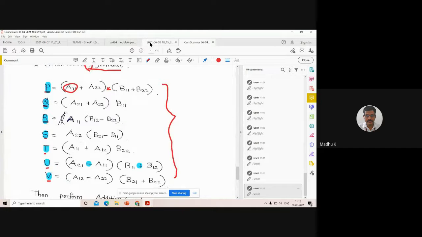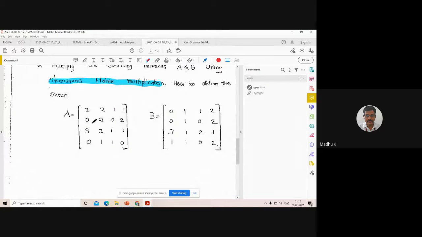I will just show this. In this case, this is A11. It is simple. Basically, this method is simple. Strassen's matrix multiplication is simple. This is A11. This is B11.